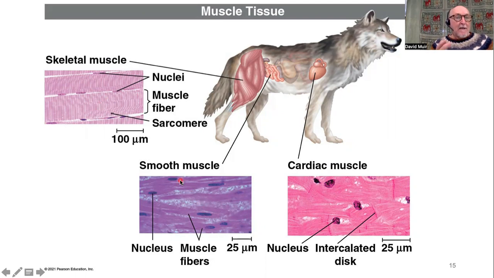The other kinds of muscle are smooth muscle, which is involuntary muscle. That is the muscle which is present, for example, in the walls of the blood vessels, in the bladder, in the walls of the reproductive tract, etc., which is not under voluntary control, but rather is under control of the involuntary nervous system.